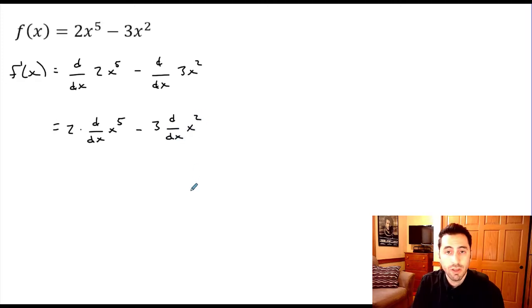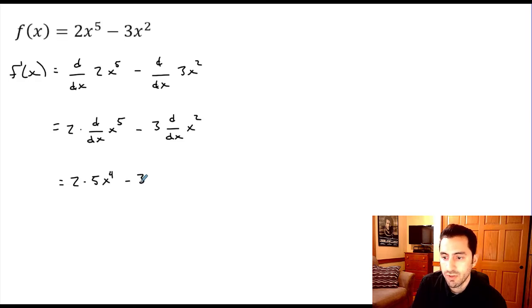And now just separating it all out like this, now we're doing the derivative of a simple power function. So this is where that rule comes into play. So we have our 2, and then for the derivative of x to the fifth, the 5 comes down in front, and then we reduce that power by 1. So 5 minus 1, our exponent is now 4.